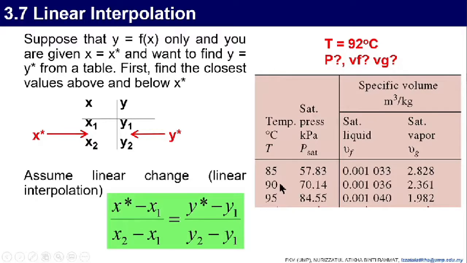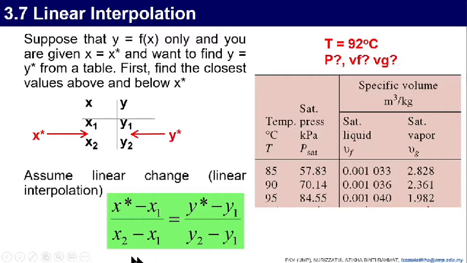So 90 will become x1, 95 will become x2. And then y1 is 70.14 kilopascal, y2 is equal to 84.55 kilopascal.